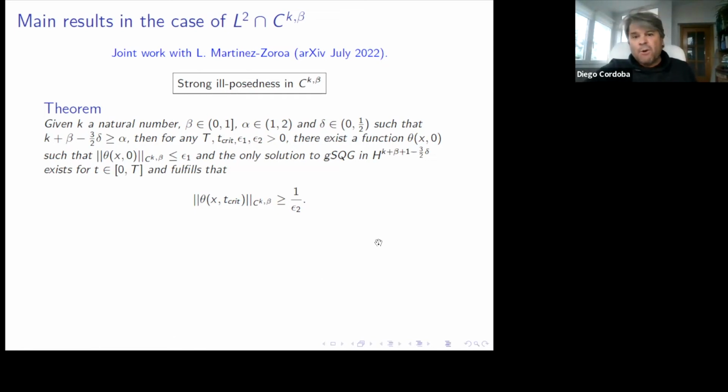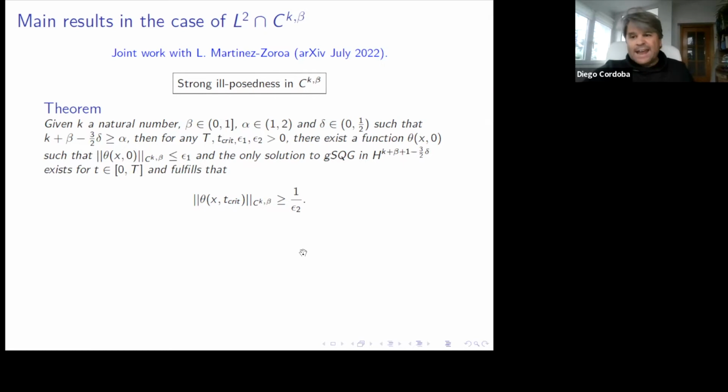So this is the strong ill-posedness result that says: give me beta, any value between 0 and 1, including 1. Alpha is the equation, the active scalar, in which we are. Delta is a parameter that we need for the proof, and that has to satisfy this inequality in the relation between kappa, beta, delta, and alpha.